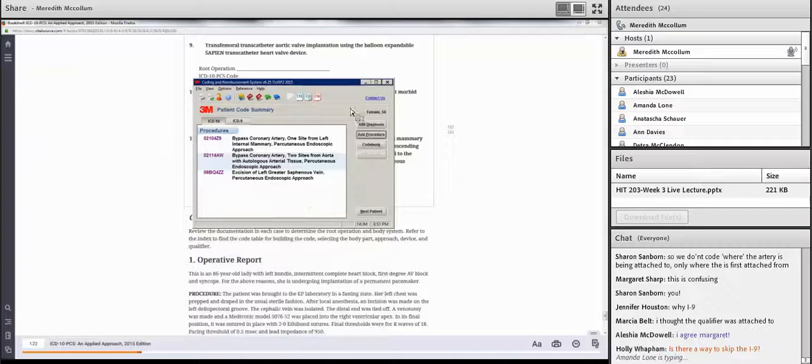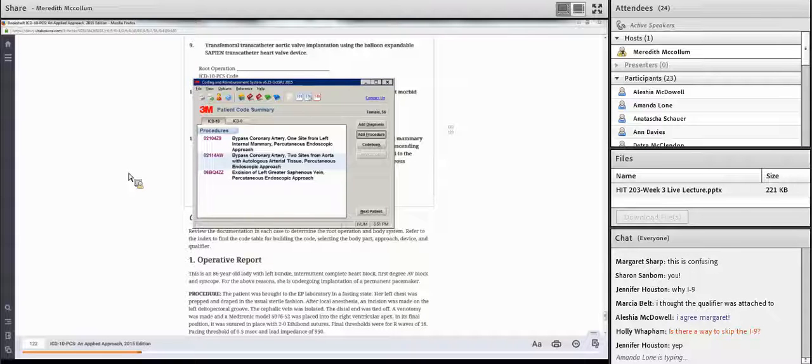Well, it's not letting me do it that way. It's 03BC4ZZ, which is excision of the radial artery. Marsha, as far as the qualifier, it's the 7th character.